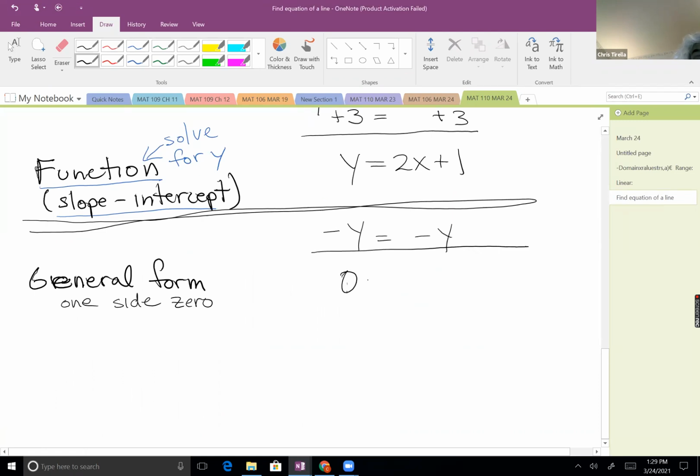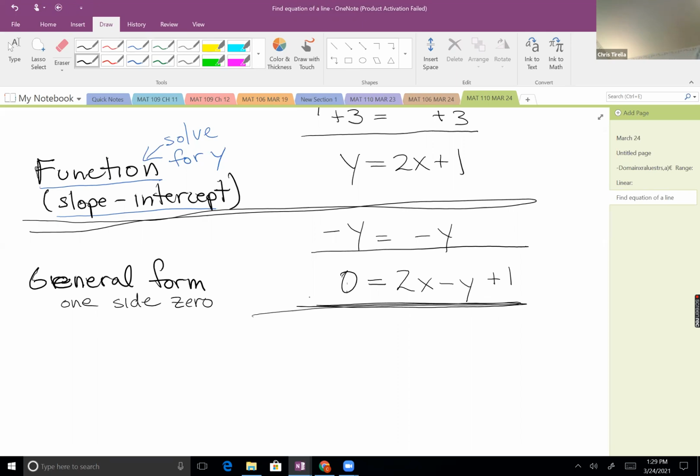That gives me 0 equals, it's most normal to put your variables in alphabetical order, so let's go 2x minus y plus my constant. And so this is my general form. Not too bad.